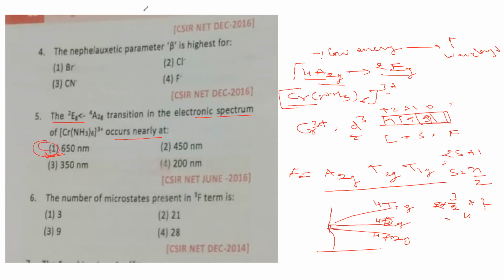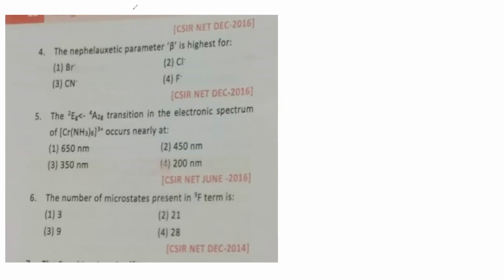So let's discuss the next question that was asked in the CSIR NET June 2016 examination. In this question, it is asked the number of microstates present in the 3F term. So we have to find out the microstates for the 3F term.